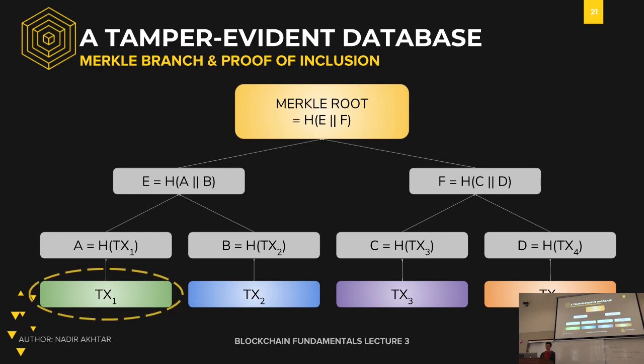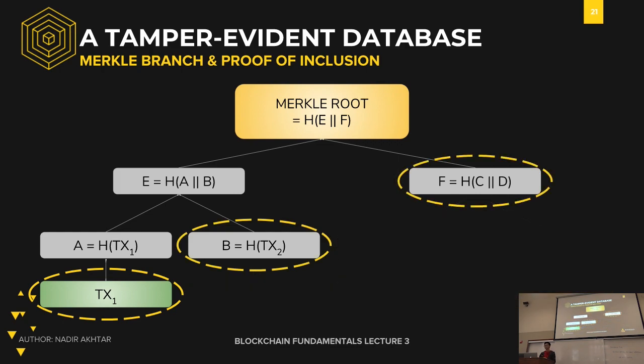So let's say we only want to include transaction 1. If we have B and F, we have a valid Merkle root. Does that make any sense? So we don't have to include the layers beneath it, but we need to have the hashes of the transactions that were not included, basically.